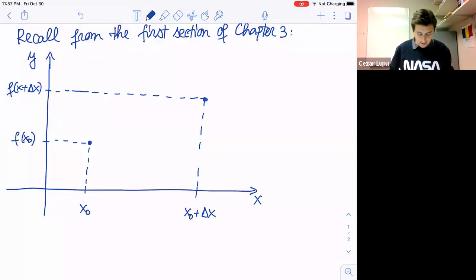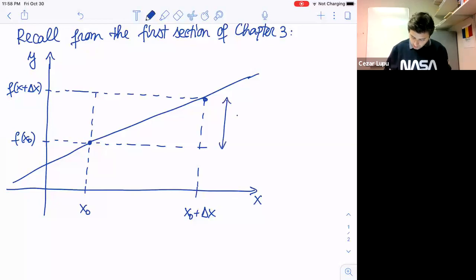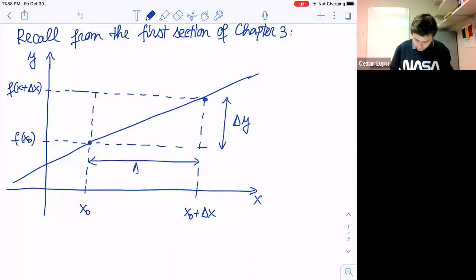Let me just draw the line between these 2 points. And the line keeps going. Okay. And now the difference here will be delta y, let's call it this way, and the difference here will be delta x.